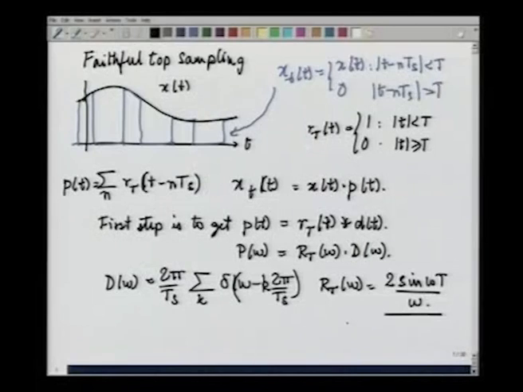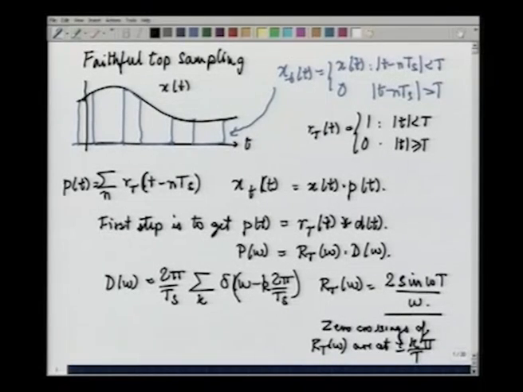Essentially then the zero crossings of RT of omega are at plus or minus k pi by t.